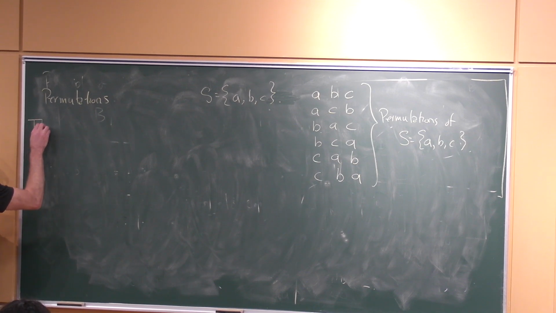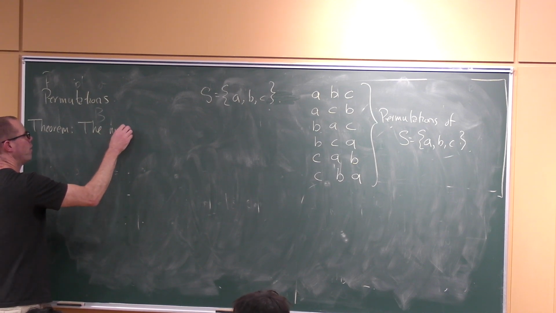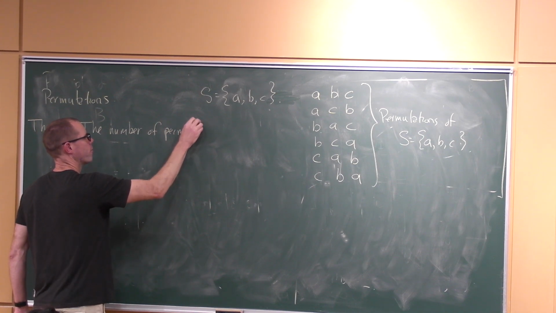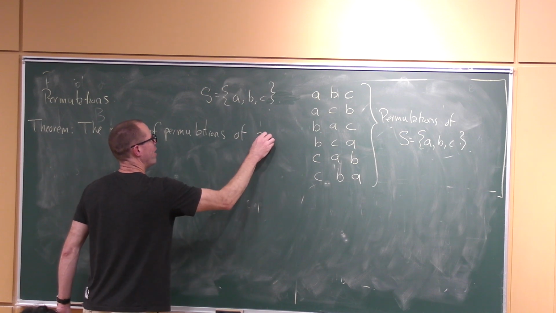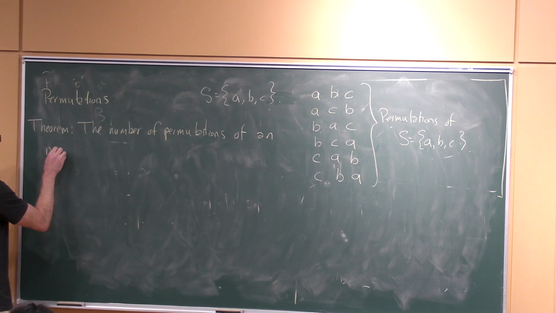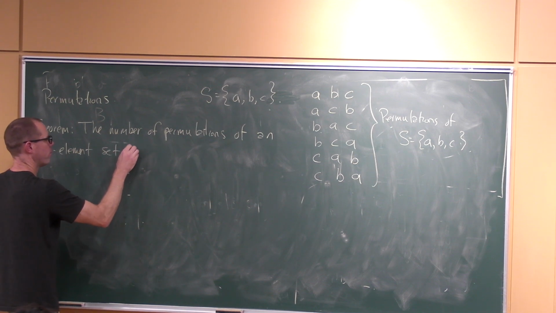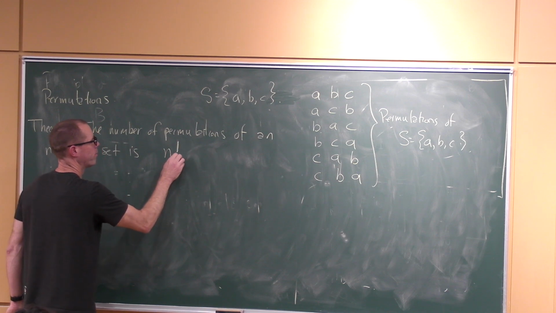So here's a theorem. The number of permutations of an n-element set is n factorial.